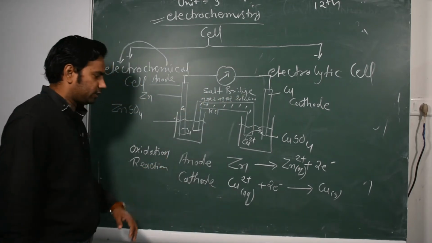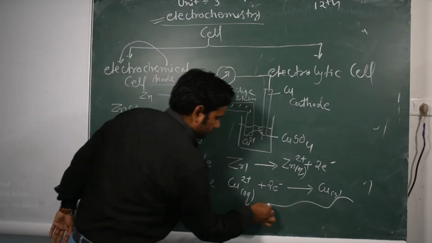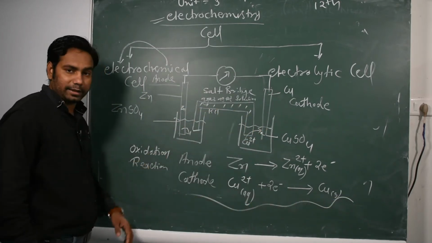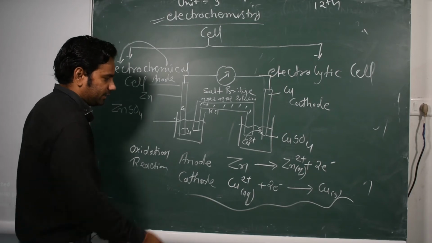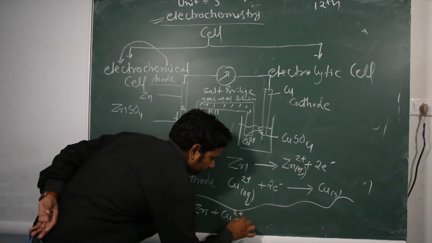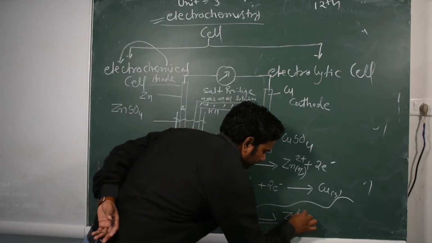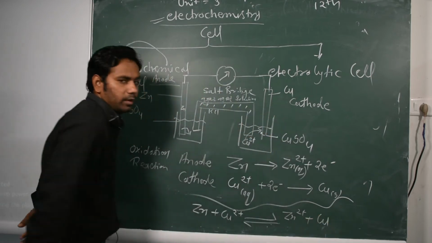Okay, so both reactions occur in electrochemical cells. One is the anode, the second is the cathode, and the full cell reaction is Zn plus Cu2+ giving Zn2+ plus Cu.